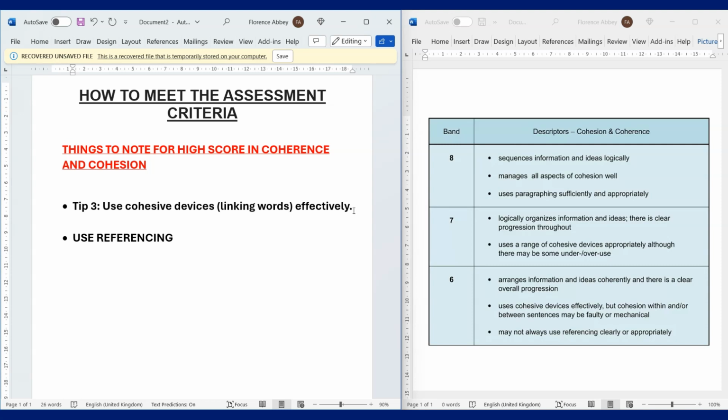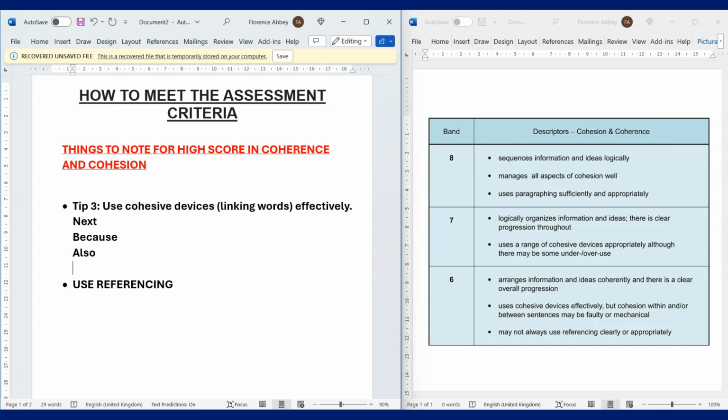There are a lot of linking words, but I'm just going to give you some examples, like next, first of all, because, also. You can go and study them, and I believe it will help you. So be careful not to overuse them or underuse them.